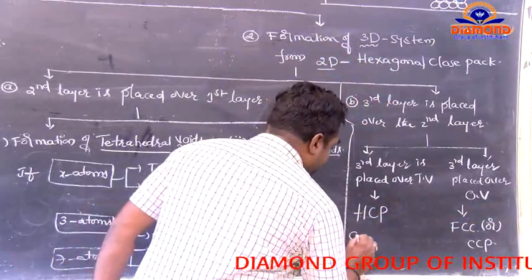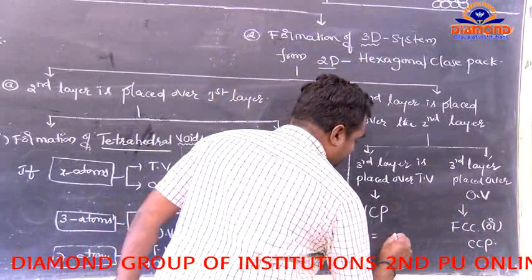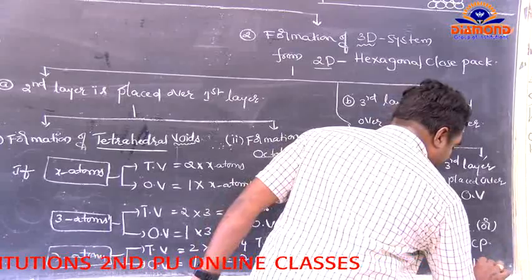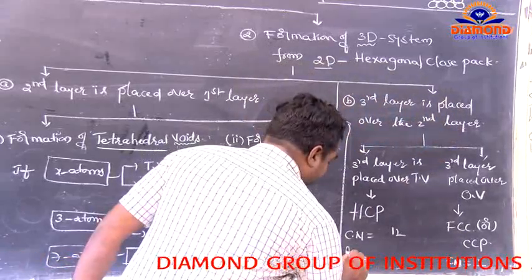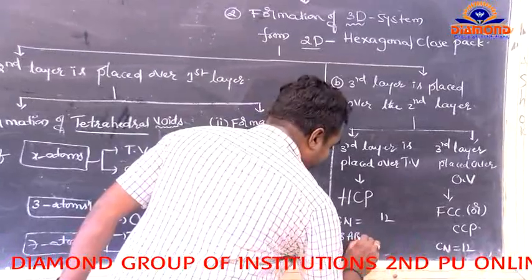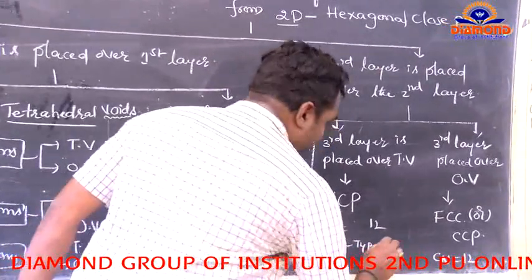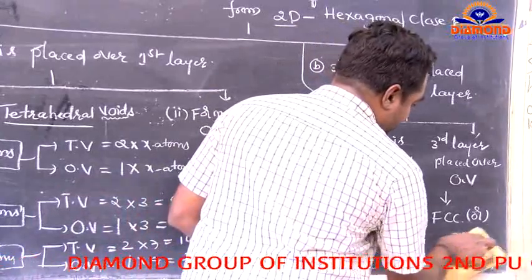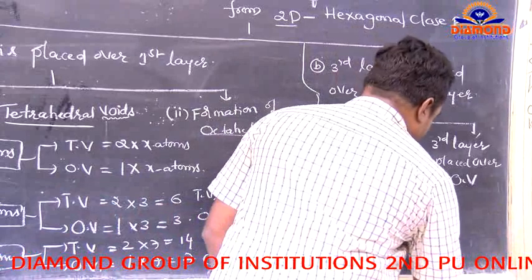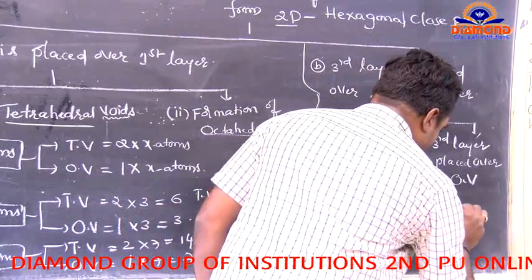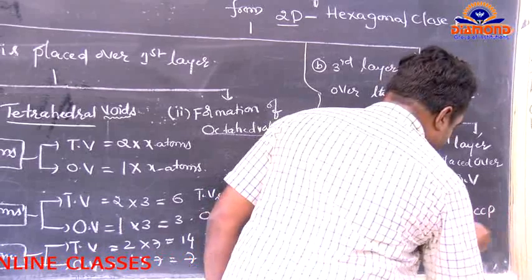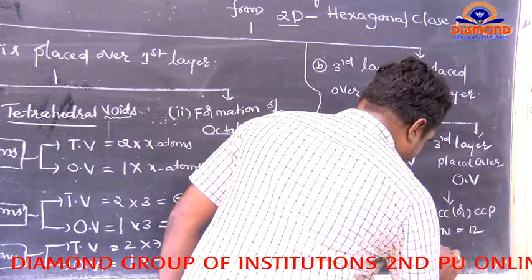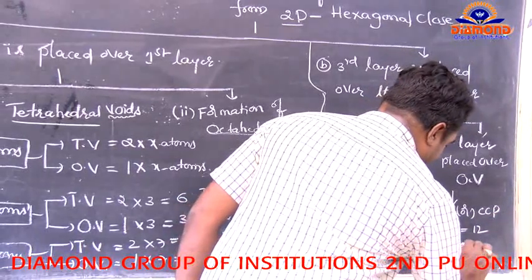So here the coordination number of the HCP is 12. It belongs to AB type arrangement. FCC belongs to ABC type arrangement, with coordination number 12 here also.